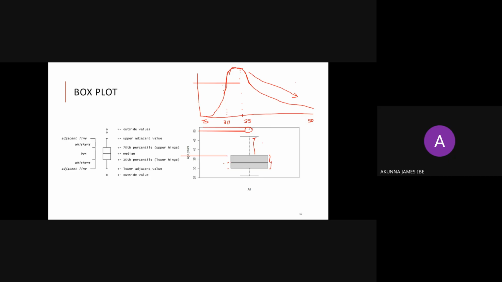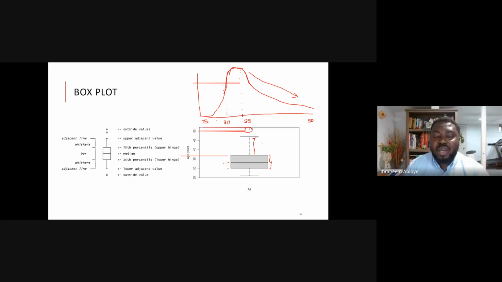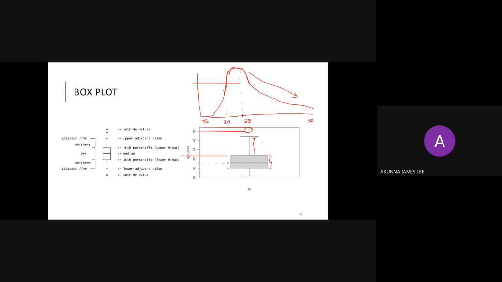Please, I'm a bit confused about the part where you mentioned that the bulk of the ages fall within 33. I don't understand what you mean by that. Okay, so that is just a colloquial way to describe it. 33 is the median. Do you agree that 33 is the median? Yes, I do.